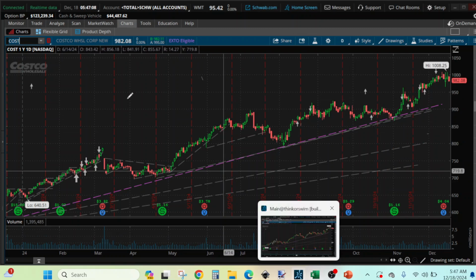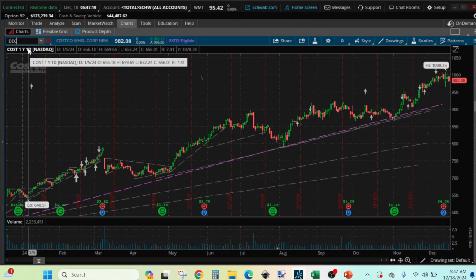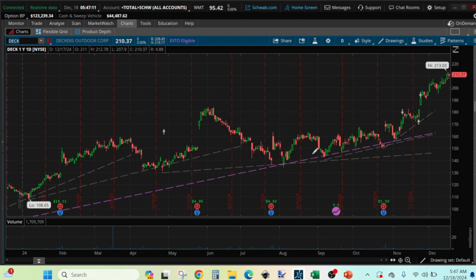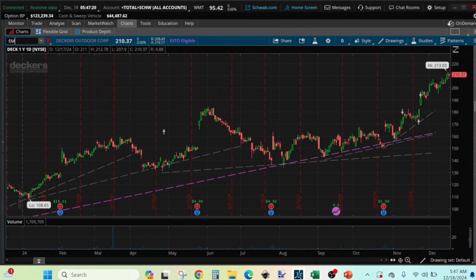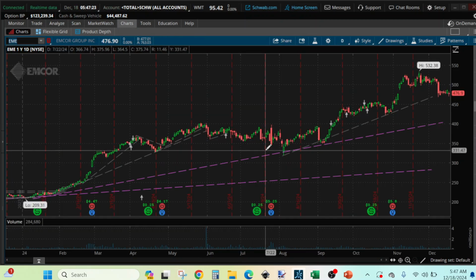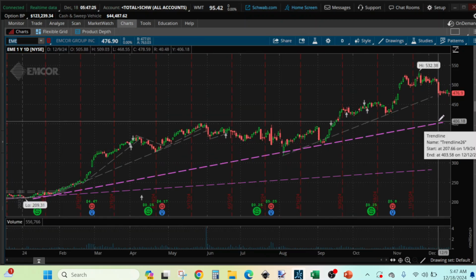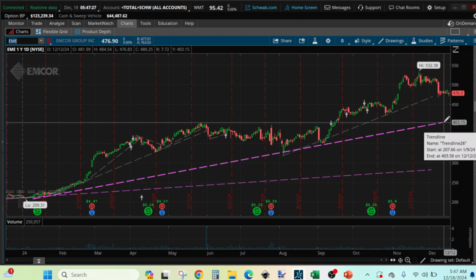It's not there yet. DECK. So DECK is right there. We like to buy it there. EME. It makes it a little bit easier to analyze the chart as well when we know the line we like to buy on, and we color code it to make it obvious.